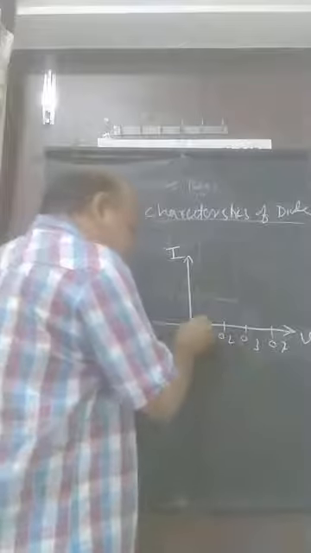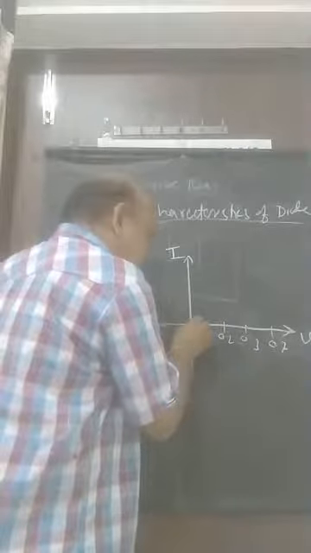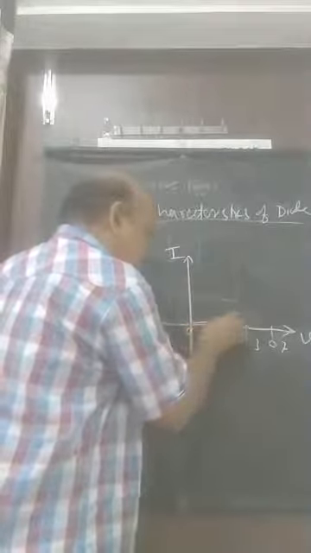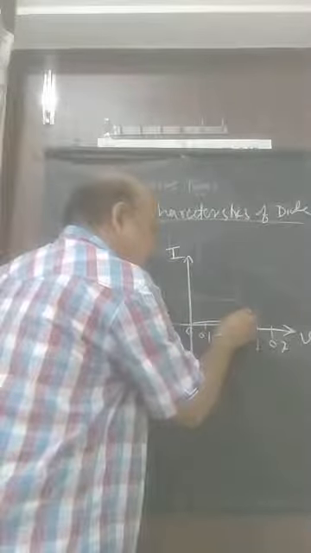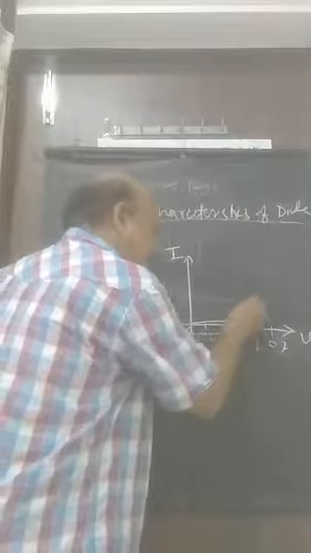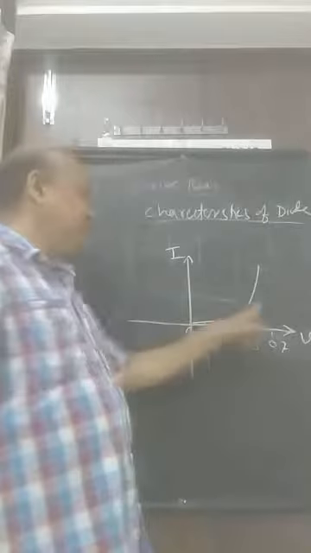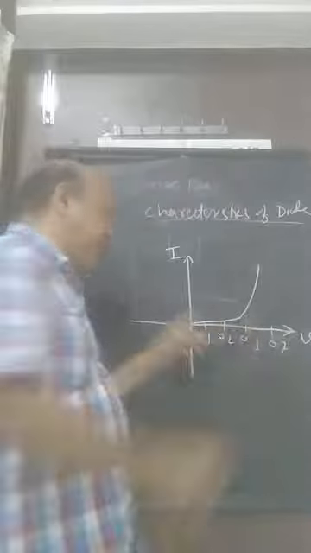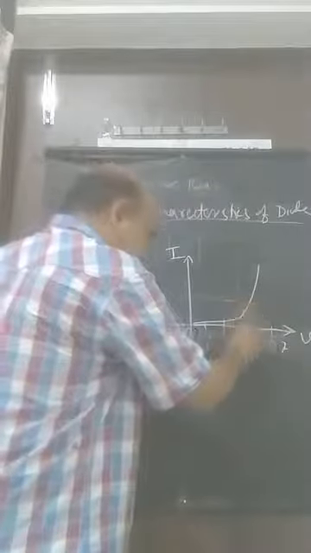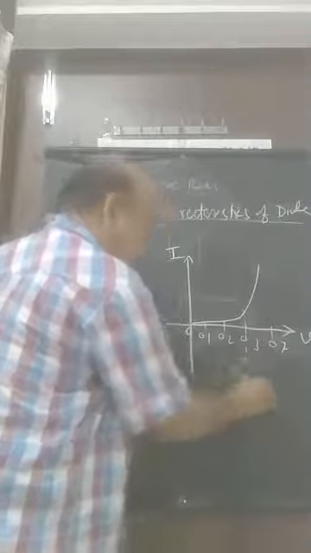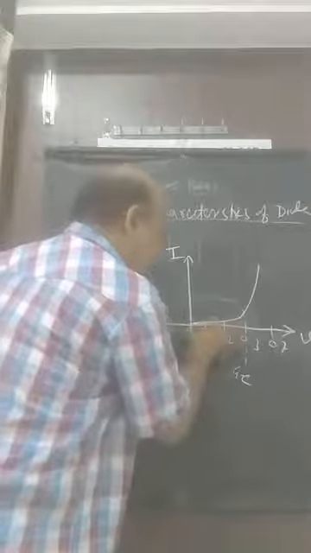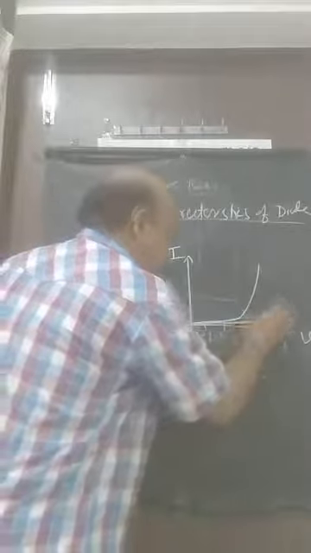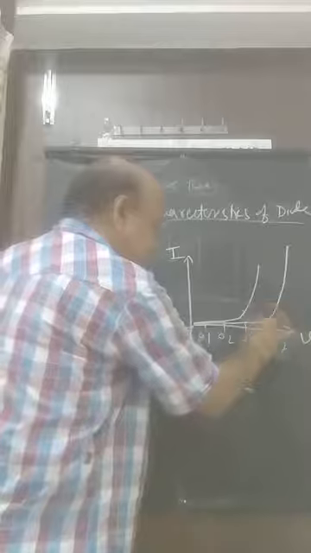If you increase this voltage, you will get a curve like this, and suddenly the current will increase after this 0.3 volt in case of germanium, and you will find the same characteristics in case of silicon like this. This is 0.7 volt for silicon.